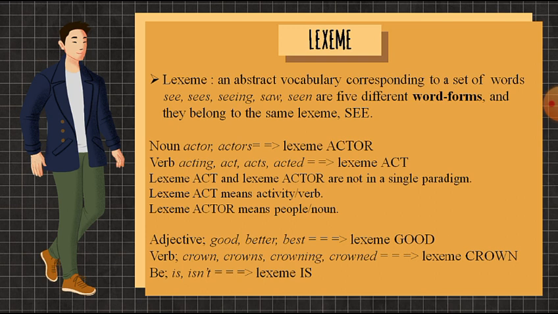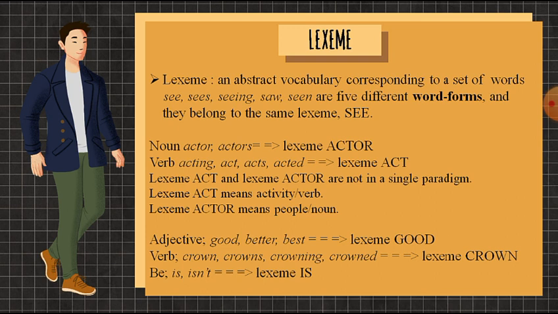All of them are different word forms, but they come from the same lexeme, which is act. So the lexemes act and actor are not the same. They're different: act for the verb, and actor for the noun.